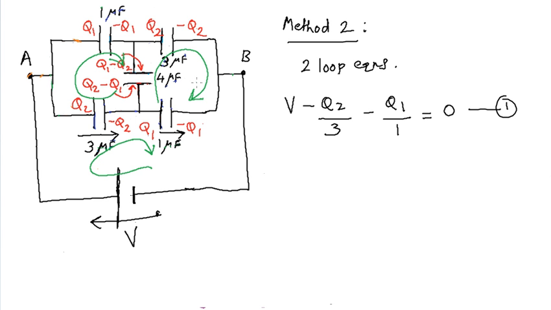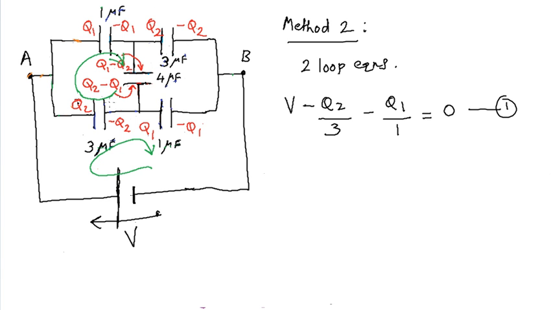Now this arises because you have already used symmetry conditions, and this leads to the fact that you get two dependent loop equations. Now of course, I can choose any of these two loops to write the loop equation. It really doesn't matter. So maybe I can choose the left loop and go through it in a clockwise direction as shown.